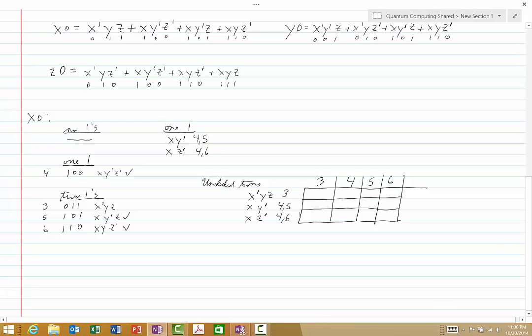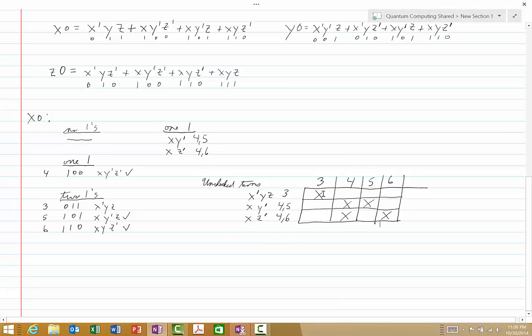So from the first row, we have an X in the column marked 3. In the second row, we have X's in the columns 4 and 5. And in the last row, we have X's in 4 and 6. And you can see that each one of these terms must be included. How do you conclude that?